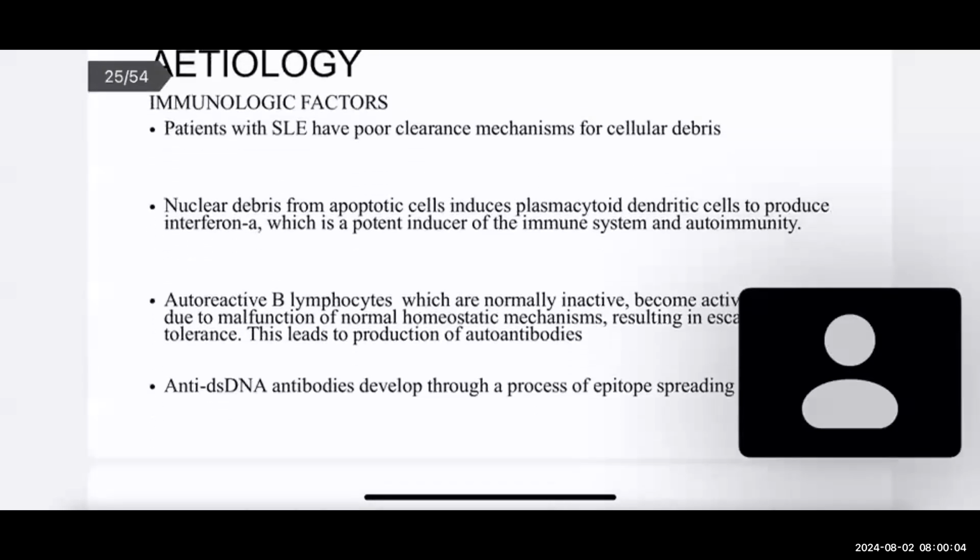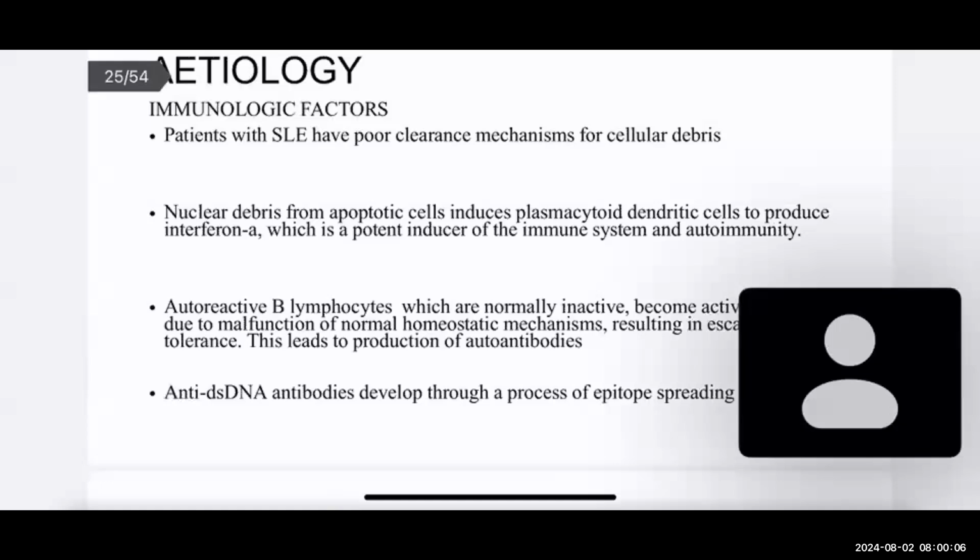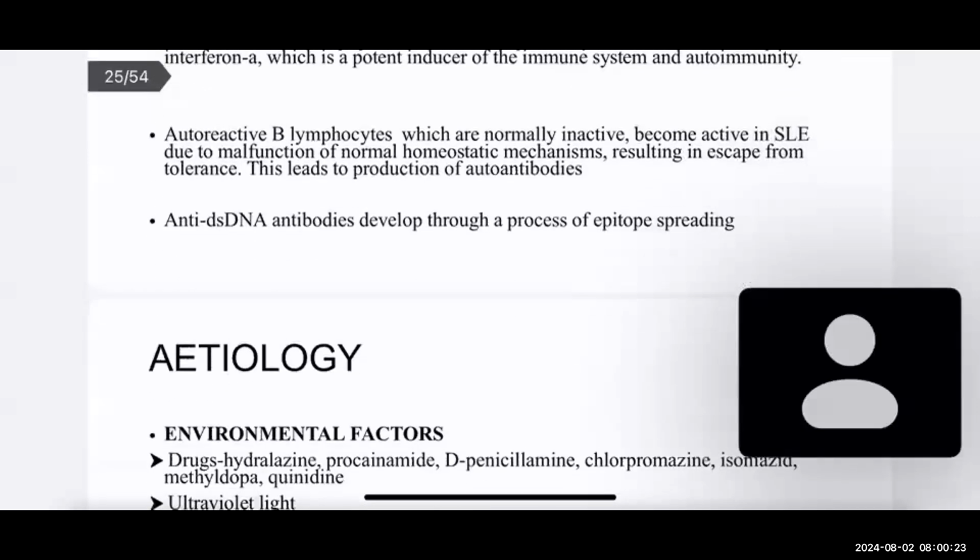When it comes to the immunologic factors, patients who have SLE are known to have poor clearance of cellular debris, and this cellular debris is able to activate interferon alpha, causing a lot of production of interferon alpha, which is known to be a potent inducer of the immune system and autoimmunity.